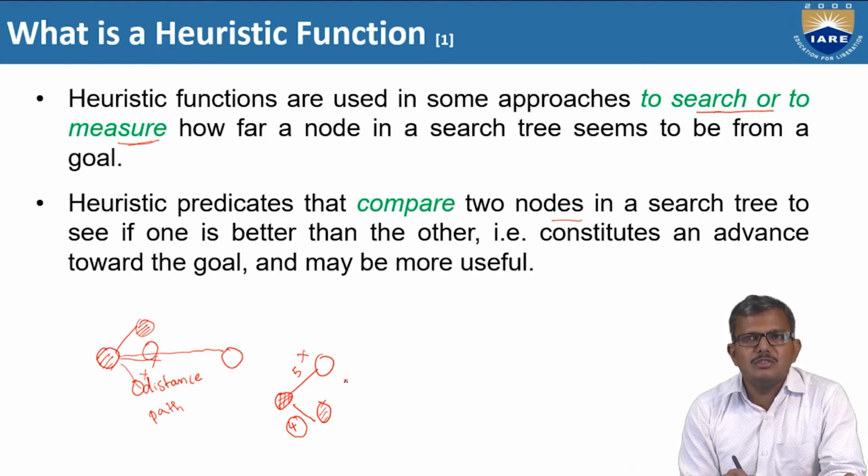So in this case also we make use of these heuristic functions, and each and every time we use them so that we can always move towards the goal state. That is our motto.